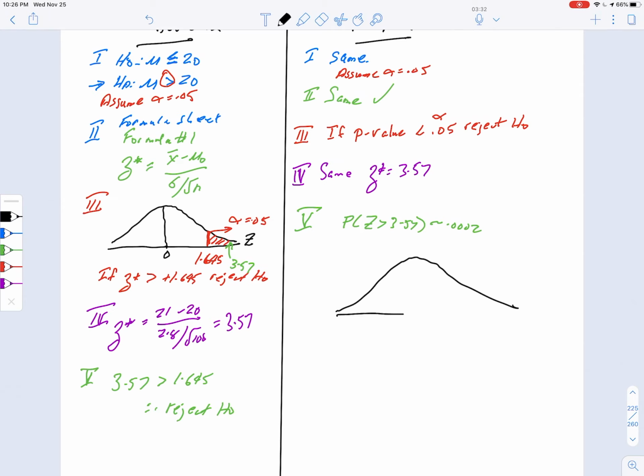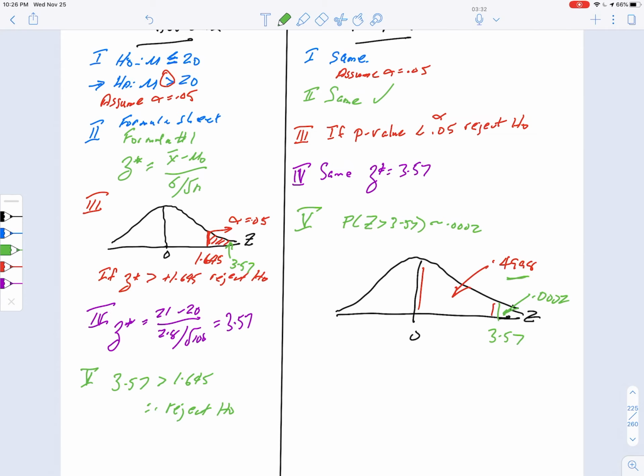Let me just draw a picture of that, which you wouldn't necessarily have to do, but this is what we found here. Here's a Z distribution, and we found 3.57 here. And this area here was 0.4998.